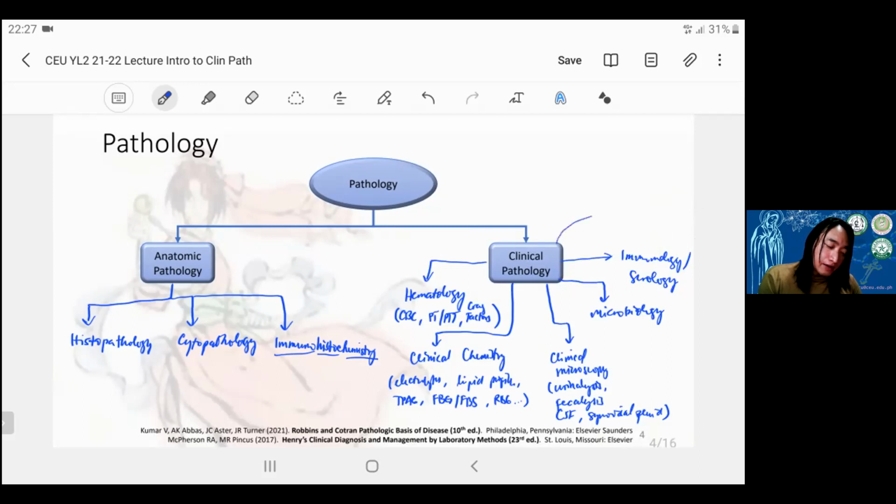And lastly, we have blood banking and transfusion medicine. And this section or this subspecialty is the most critical subspecialty in clinical pathology.